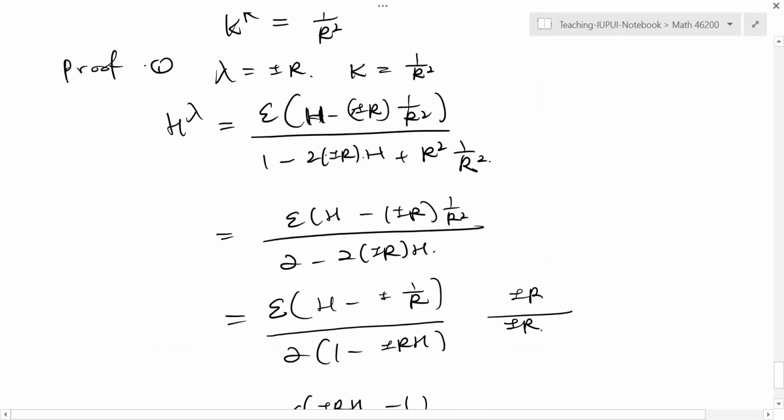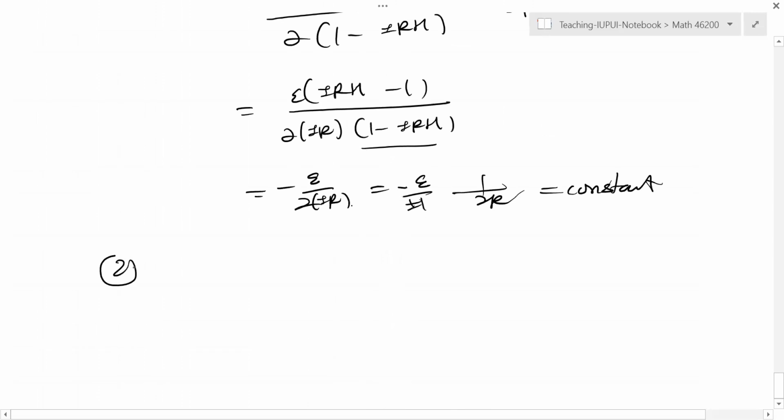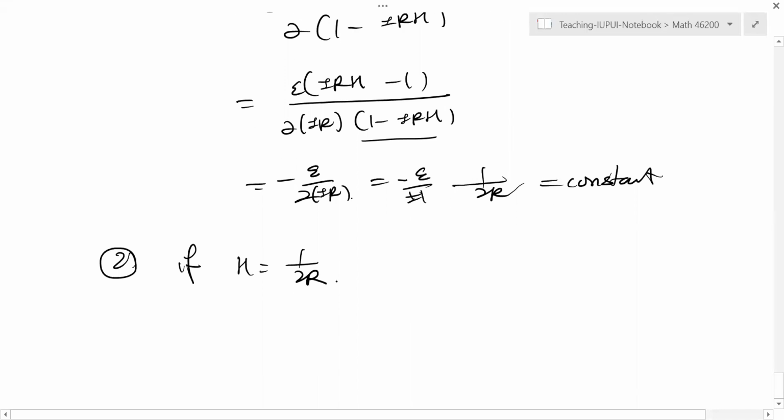Now let's look at the second. If we assume that the mean curvature equals 1 over 2R, I'm going to take a look at K lambda when lambda is equal to R. So we put it into the formula.